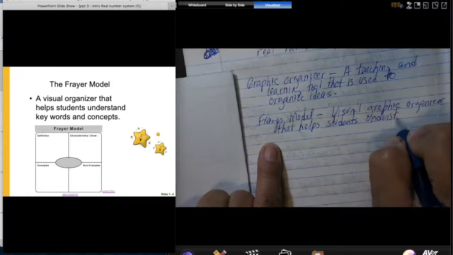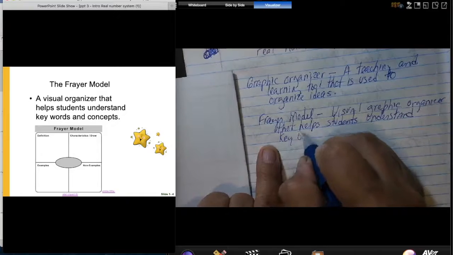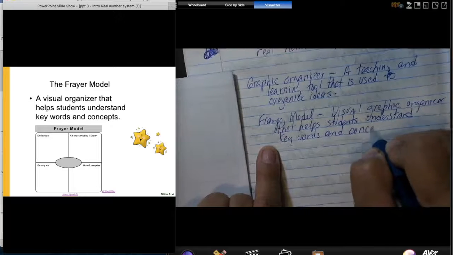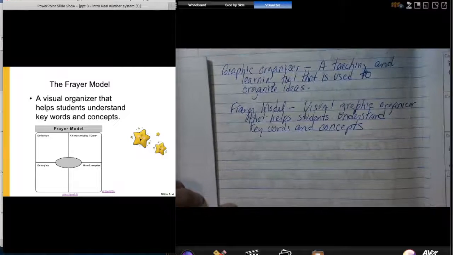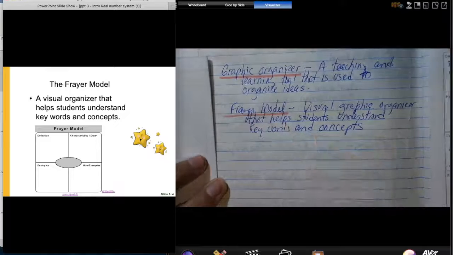So we have graphic organizer and the Frayer model.